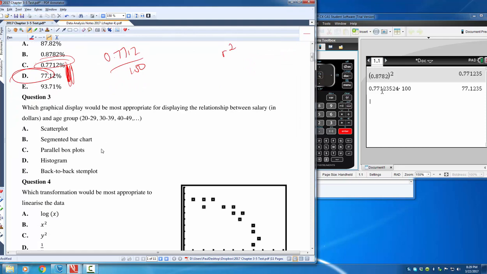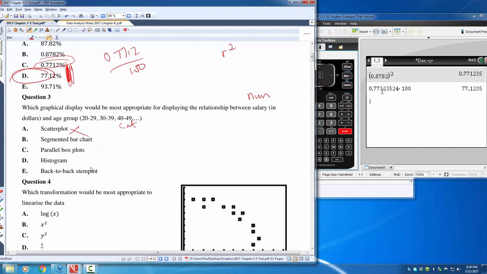Alright, students always struggle with this question. It always seems fairly simplistic, but it's a tough question. Which graphical display would be most appropriate for displaying the relationship in salary? We've got a numerical variable, and age group, which is categorical. So scatter plot is out, that's numerical versus numerical.